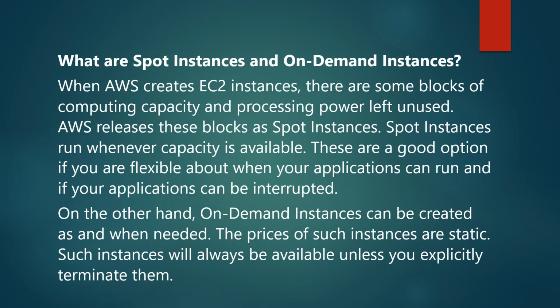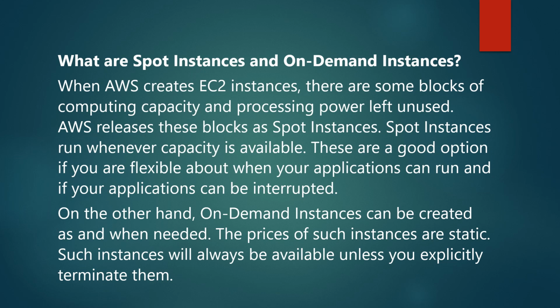What are spot instances and on-demand instances? When AWS creates EC2 instances, there are some blocks of computing capacity and processing power left unused. AWS releases these blocks as spot instances. Spot instances run whenever capacity is available.